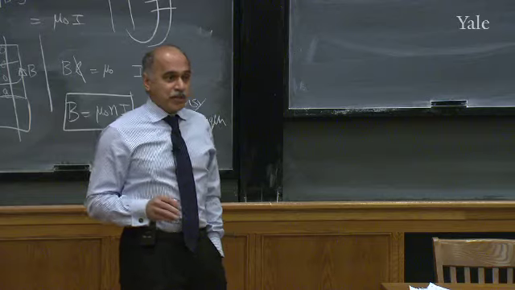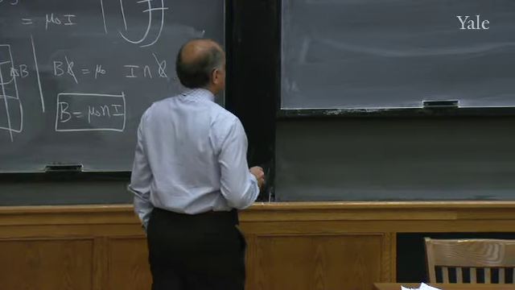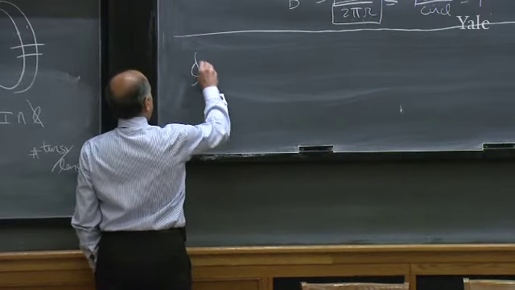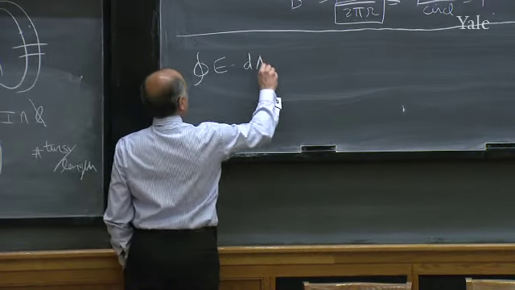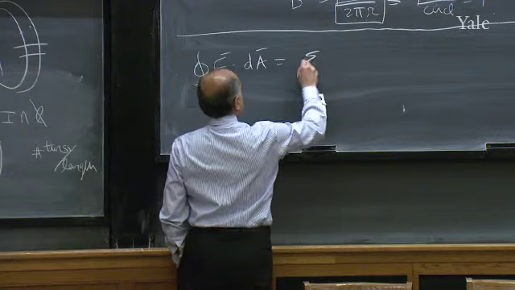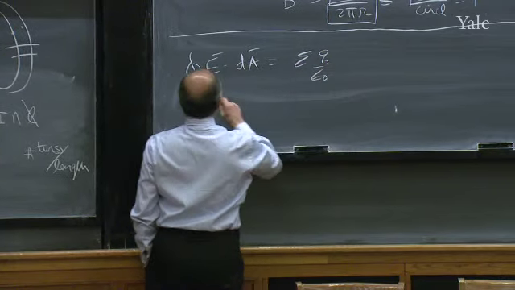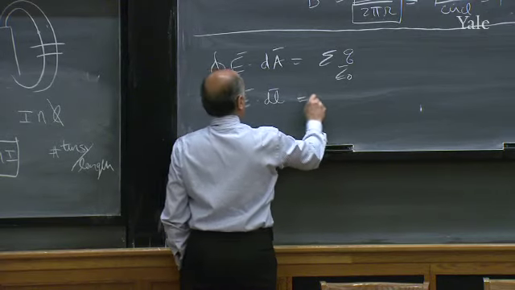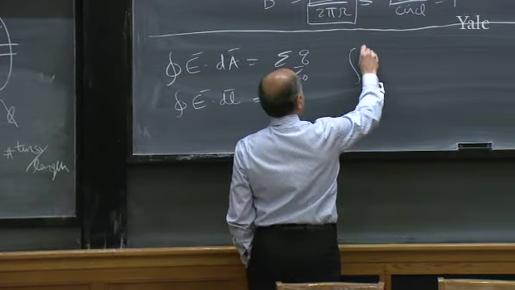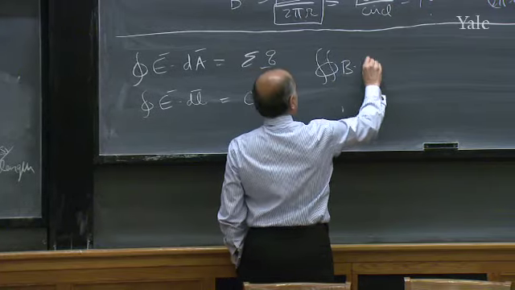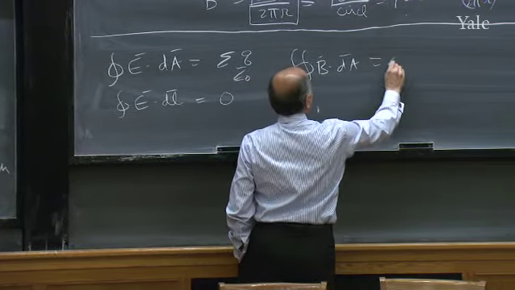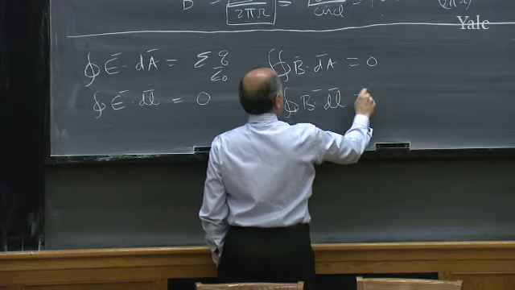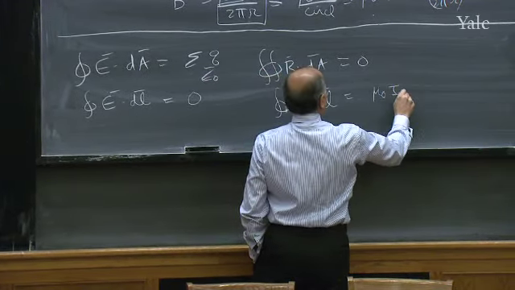All of electrostatics and magnetostatics are summarized by the following equations. I'm going to write them again and again: the surface integral of E dot dA is the charge inside; the line integral of E dot dl is 0. The surface integral of the magnetic field is 0 because there are no magnetic charges. The line integral of the magnetic field is mu 0 times all the current inside.